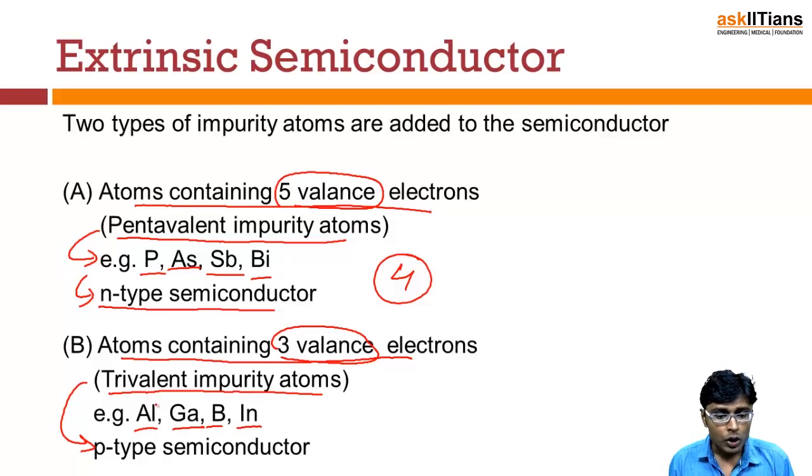So there are two types of extrinsic semiconductor: the N-type and the p-type. N-type semiconductors are semiconductors which have pentavalent impurity atoms in the intrinsic semiconductor. And p-type semiconductors are extrinsic semiconductors having trivalent impurity in the pure or intrinsic semiconductor.